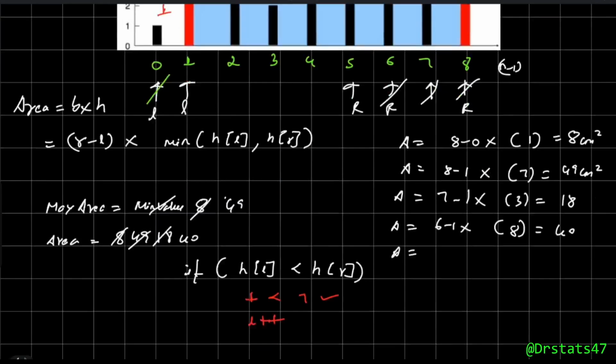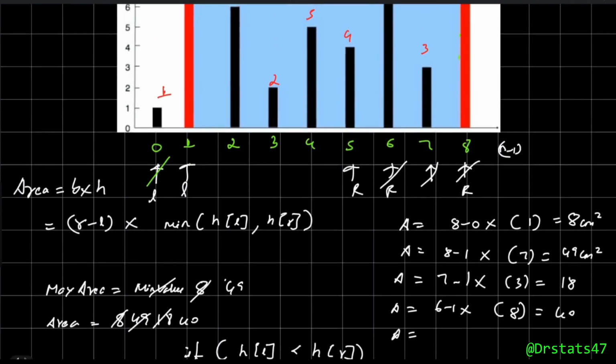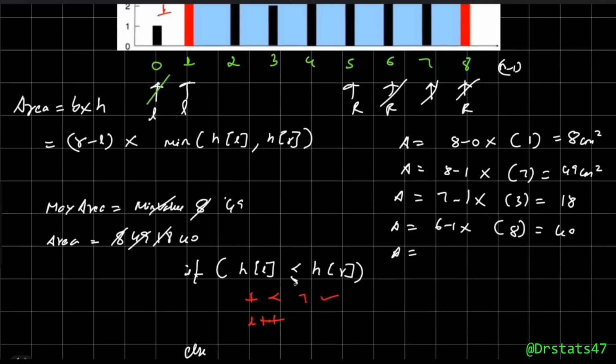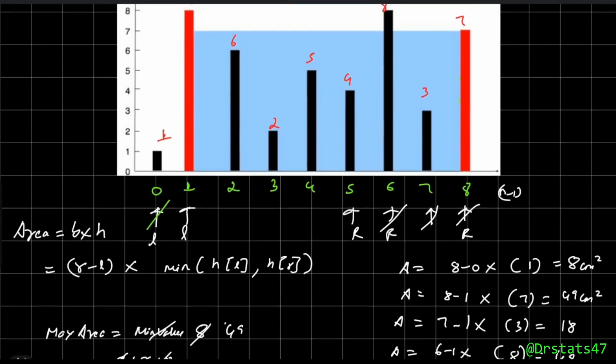In the else part it is r minus minus. So r minus minus will happen when we don't specify the equal to symbol. If you specify the equal to symbol, then obviously the left pointer will be moved. So either pointer we can move, it's not a problem.